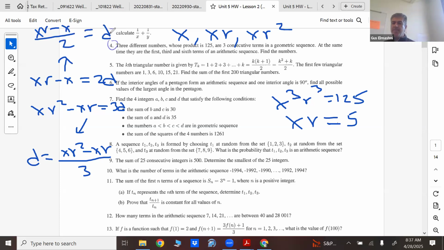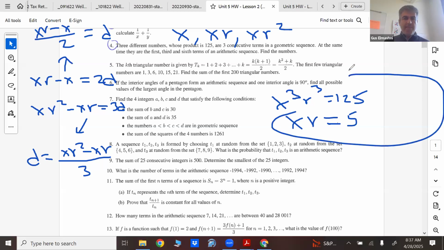Okay, so if I get d by itself in each situation, I get xr minus x over 2 equals d, and xr squared minus xr over 3 also equals d. Now this is where I'm going to get a little creative. What does xr equal? 5, okay. So couldn't I just say that 5 minus x over 2 equals d?